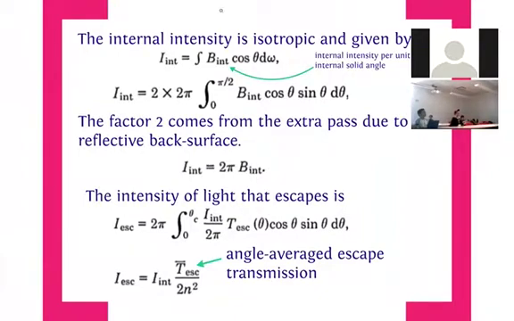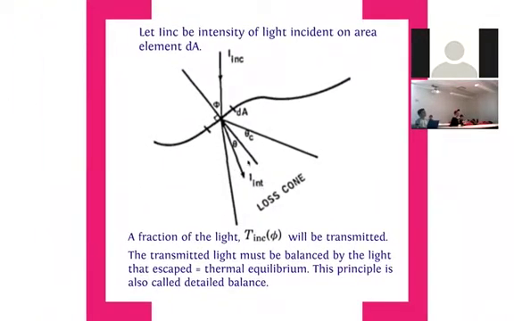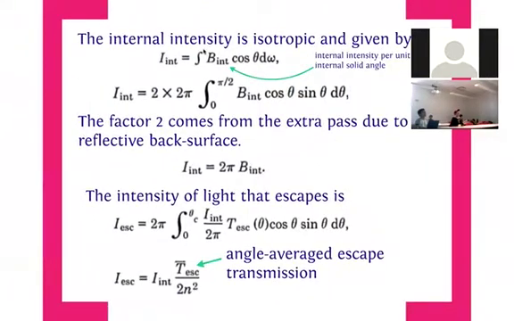Let's try to go through this carefully here. First of all, we make the assumption that the internal intensity is isotropic and is given by this expression. This is the intensity inside this material. It is given by an integral over angles, cos theta d omega, an integral over solid angle d omega over all the solid angles of interest.